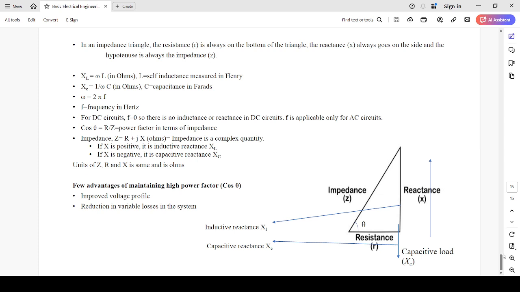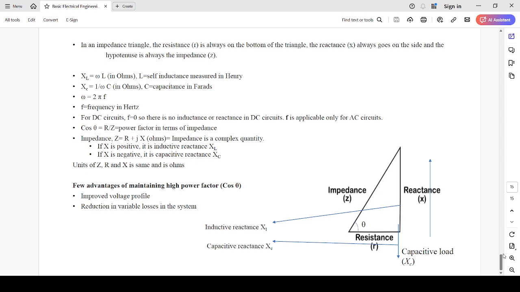Its inclusion in the electrical power system is very much desirable because it helps in improving the power factor from lagging to leading. The application of capacitors in electrical systems improves the power factor from lagging to leading, and thereby helps in consuming the electrical power effectively.